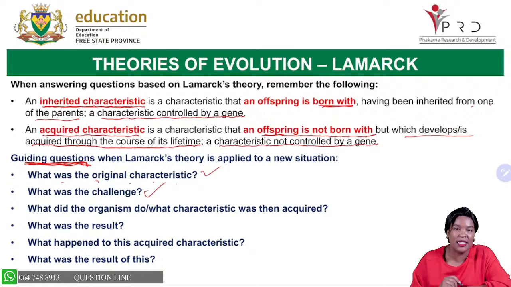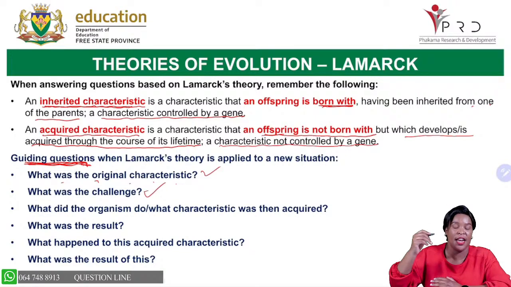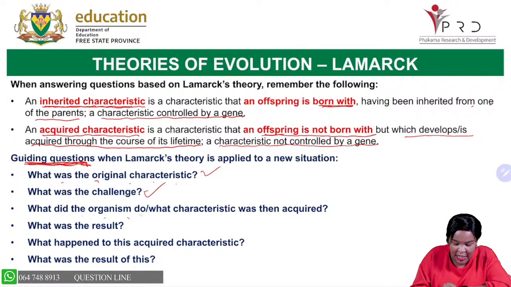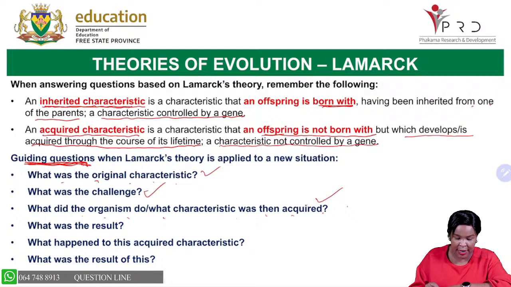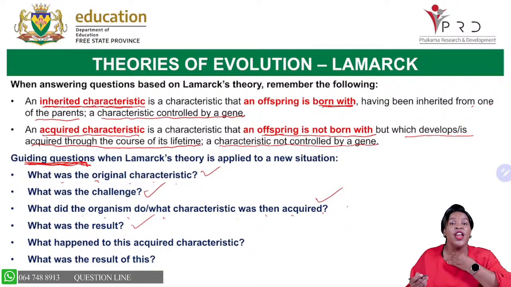And then, what was the challenge? What made them want to change? You must identify that. Food: they could no longer reach food on higher trees, so they had to stretch their necks. So what did the organisms do, or what characteristic was then acquired? They stretched their necks and acquired the characteristic of long necks. What was the result? All giraffes now had long necks.